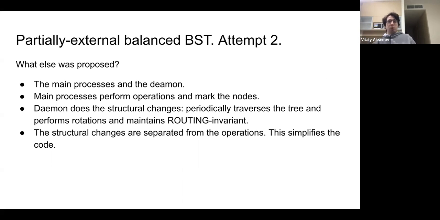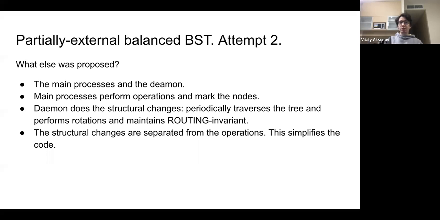Okay, so what else was proposed in that algorithm? There are main processes, and there is a specific daemon thread. The main processes just perform operations like contains, insertion, deletion, and marking the nodes to be deleted. The daemon, at the same time, does the structural changes.